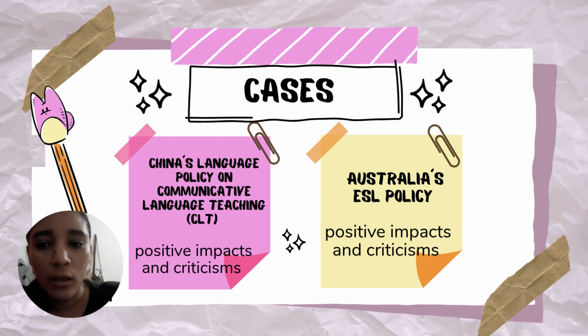Support for communicative competence: the indirect support for CLT aligns with the multicultural, inclusive nature of Australian society, fostering effective integration and language acquisition for migrants.